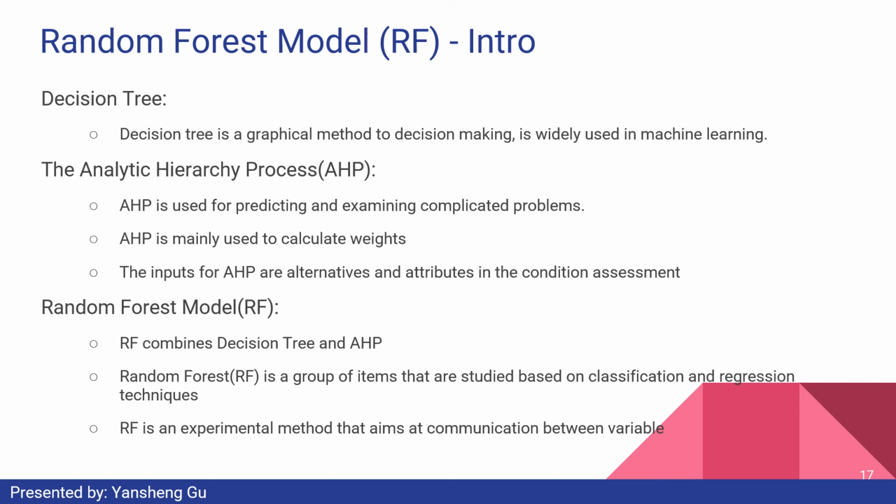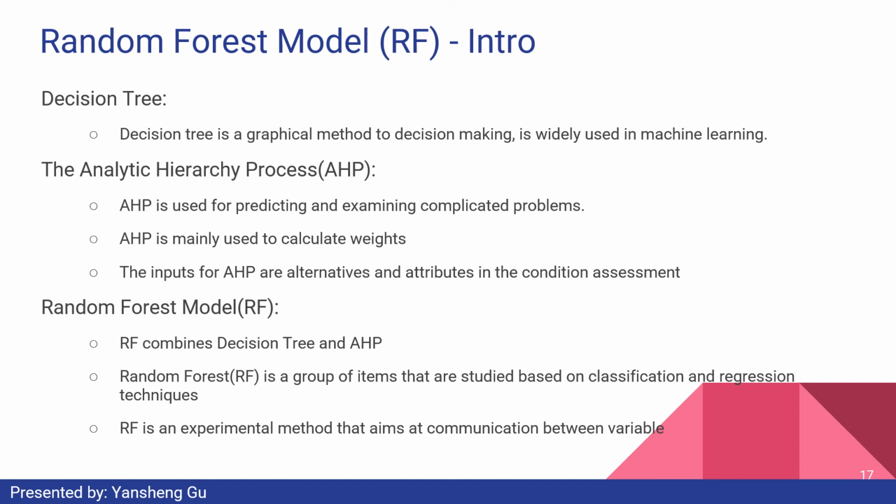The random forest model basically combines a decision tree and analytical hierarchy process, which is a group of items that are studied based on classification and regression techniques. In the random forest algorithm, a number of decision trees are built during the process. That is why it's called a forest.